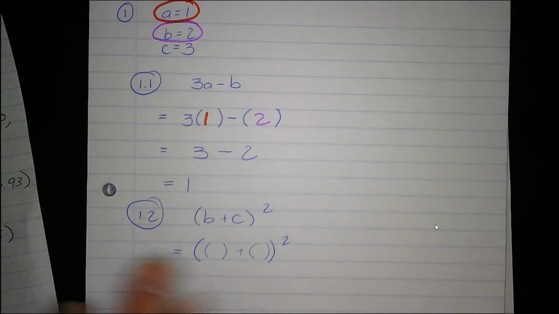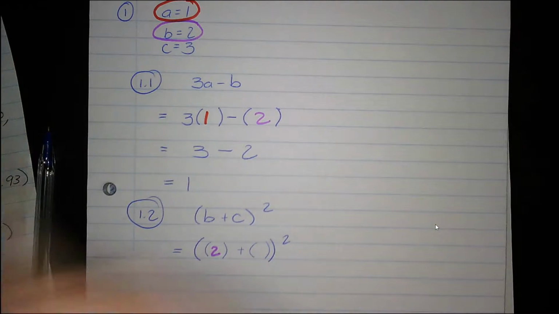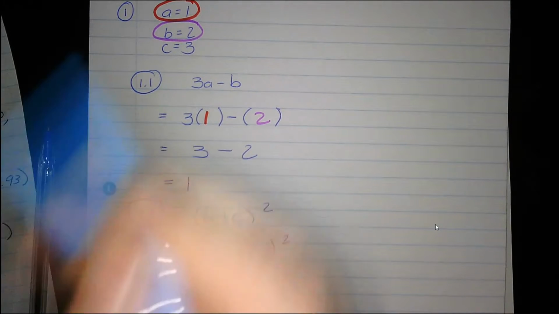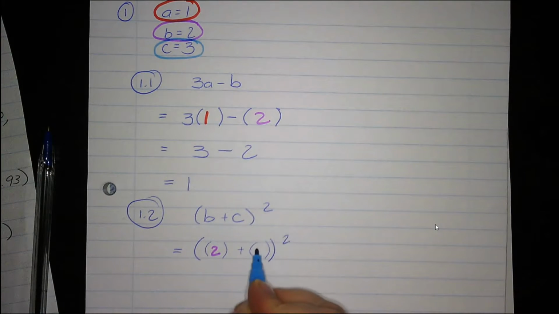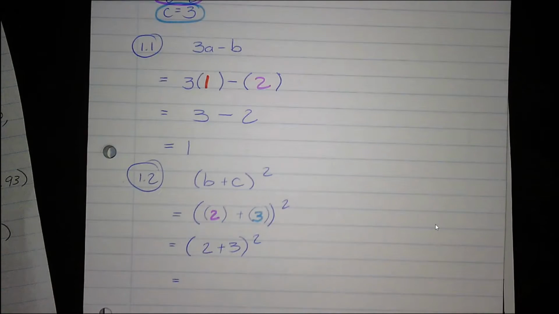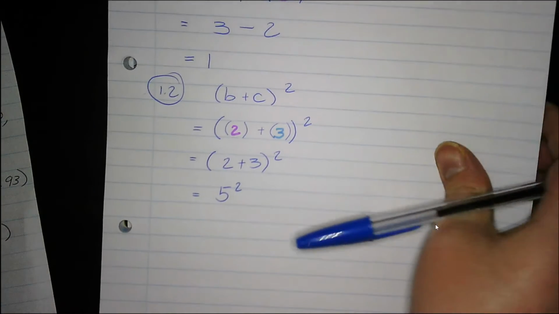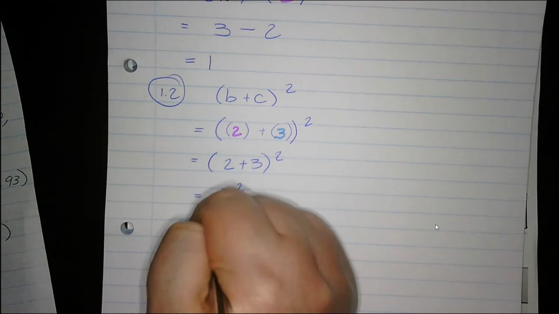B was equal to 2, so in the place of B we're going to put 2, and C was equal to 3, so in the place of C I'm going to put 3. On the inside of the bracket that gives me 2 plus 3, squared. On the inside of the bracket that gives me 5 squared, and if you simplify that further, that gives you 25.